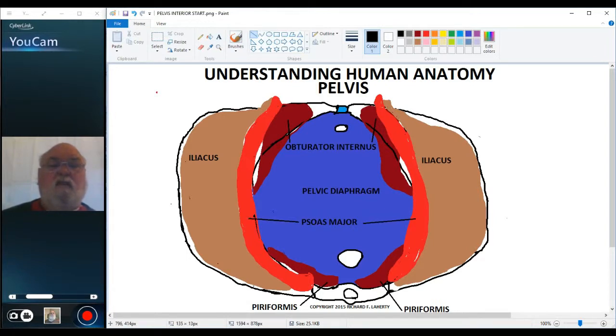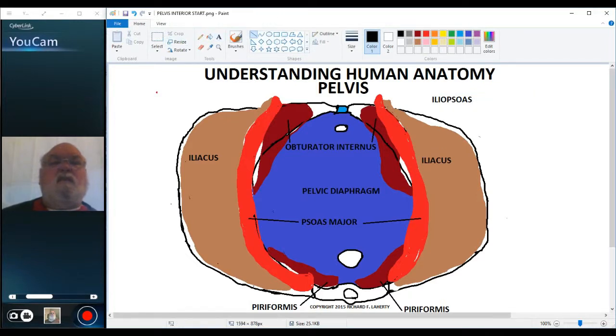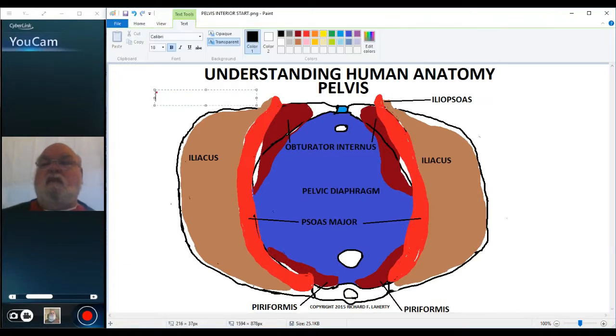Again, lines to each of the psoas major muscles, and then just to reinforce that psoas major and iliacus form iliopsoas. And there's the right iliopsoas and left iliopsoas muscles.